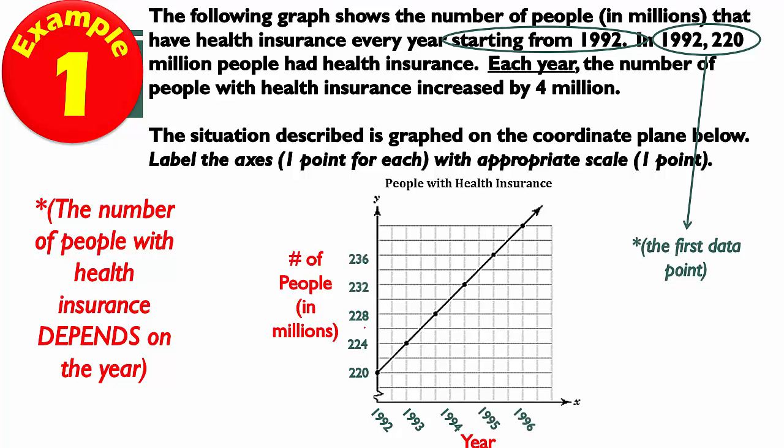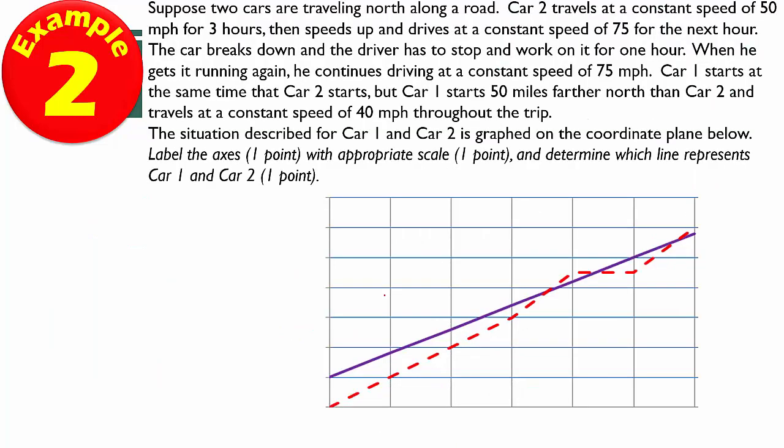Well, I suppose that spacing is not perfect on the x-axis. So this would be 92, 93, 94, 95, 96, 97, and what's important over here too is the 220, 224, 228. They're going up by 4s. We've labeled it, we figured out the correct scaling, we're good.